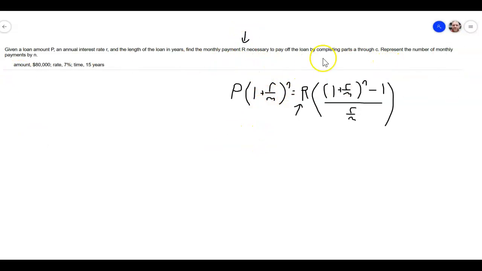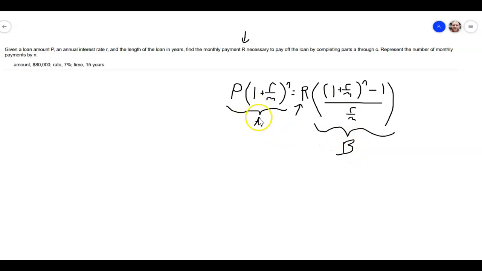So what they're wanting us to do is treat this whole thing here as A, and this entire thing, except for that capital R, as B, right?